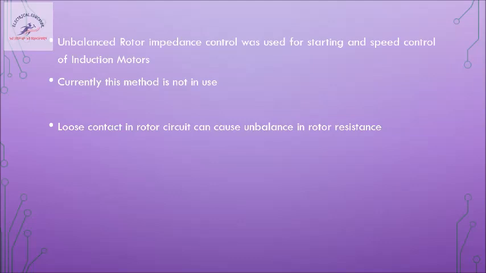If the rotor current is reducing, it will create an imbalanced rotor current, which we call I2' in our equivalent circuit. So unbalanced rotor impedance will lead to unbalanced rotor current.